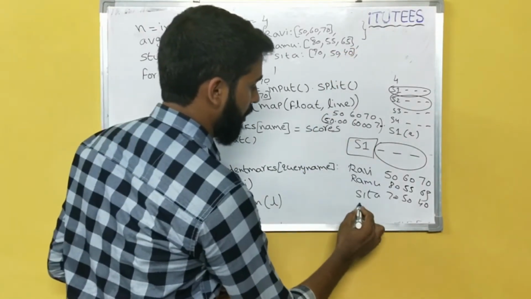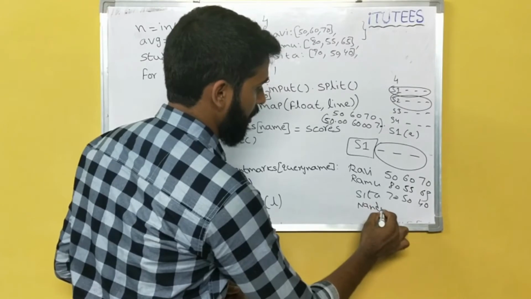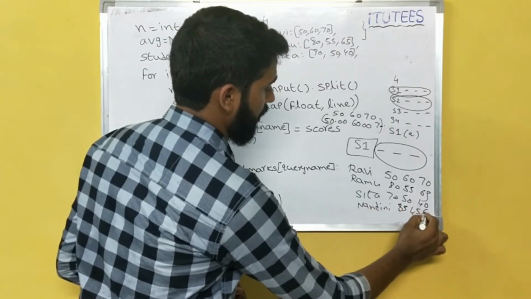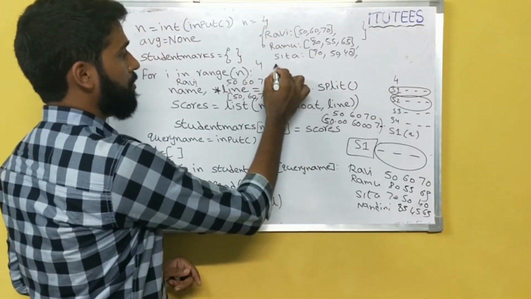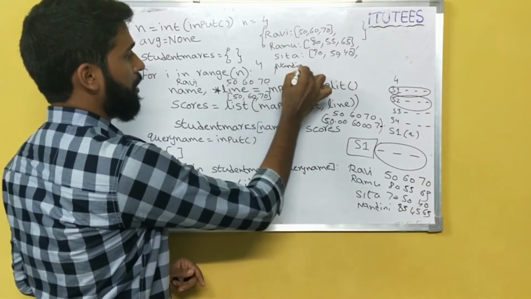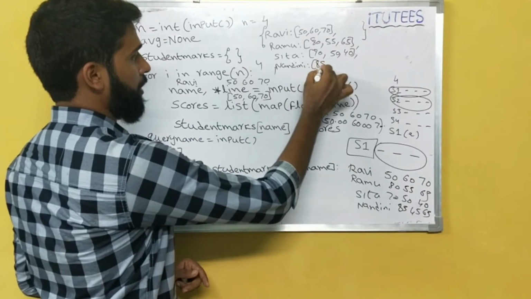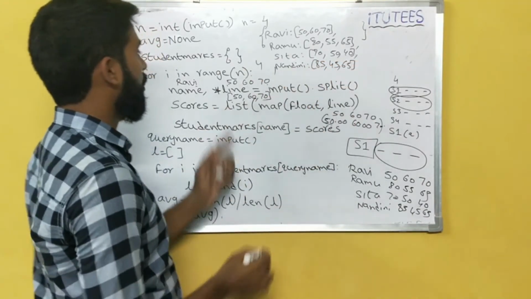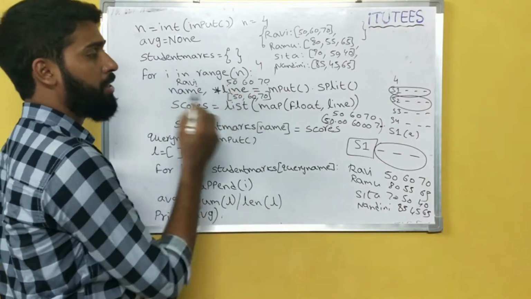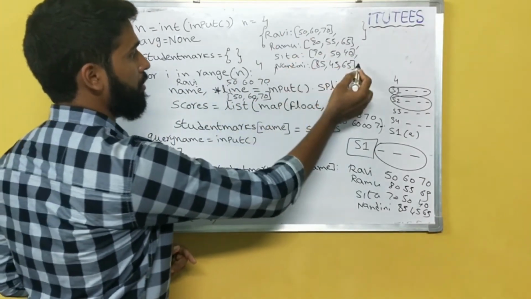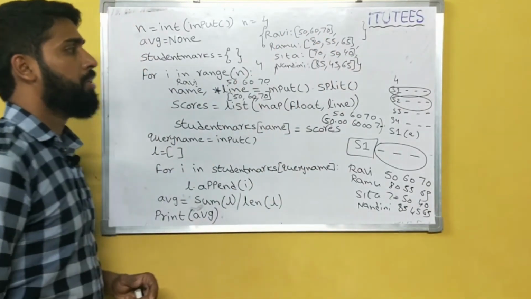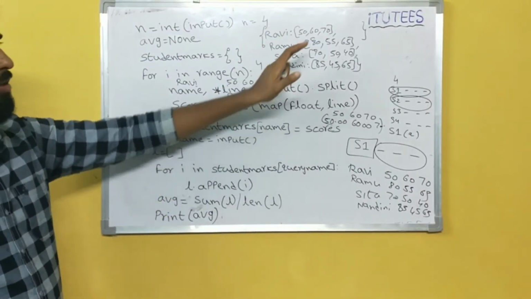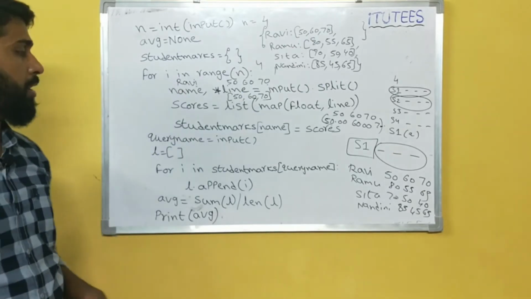I am reading another value, Nandini 85, 45, 65. So these values are stored here. The loop breaks down. i in range 0, 1, 2, 3, 4, so 0, 1, 2, 3. So in the dictionary, all the names are stored along with the marks.